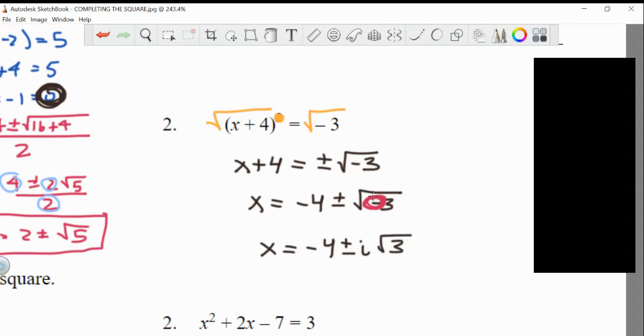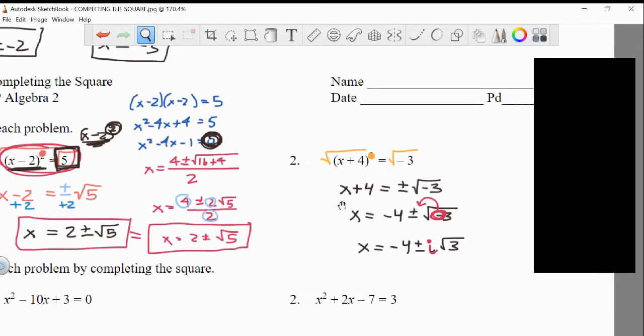Because if you have a negative inside the square root, we bring it out front, we put an i out there instead. So just like quadratic formula, we might get imaginary numbers. That's totally fine. But this step right here is hopefully super easy. Square root both sides, send the extra number over there. You're pretty much done, okay?